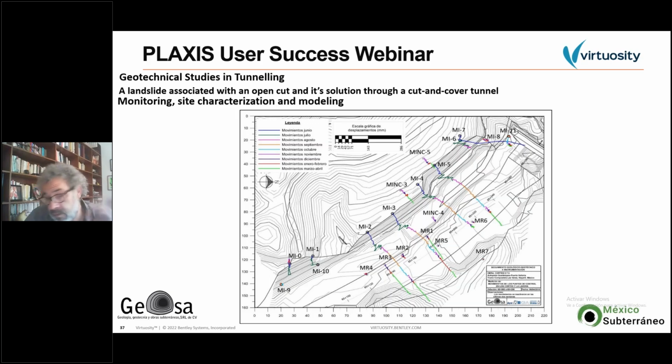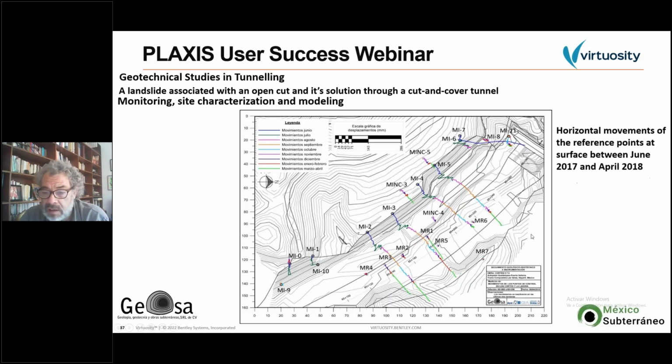So we monitored the water table with the piezometers during dry season and during rainy season, and we reached the conclusion that the rains were very important, so it was fundamental to consider the groundwater flow within the numerical models.